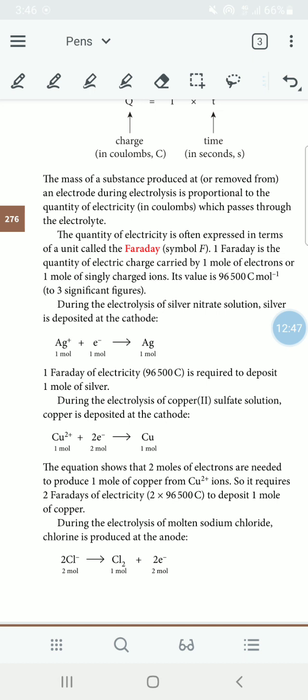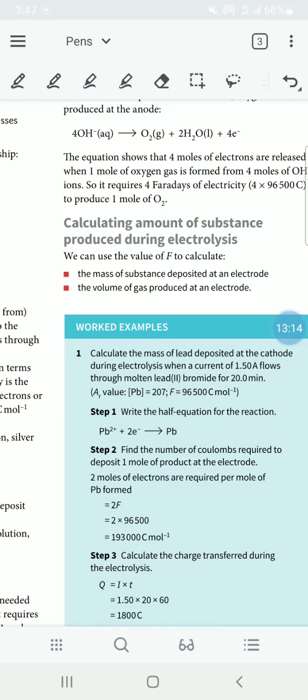Number 2, Cu2 plus 2 electrons giving Cu, 2 into 96,500 coulombs. So to produce 1 mole of copper, you would require 2 into 96,500 coulombs of charge. I hope you understood the details.